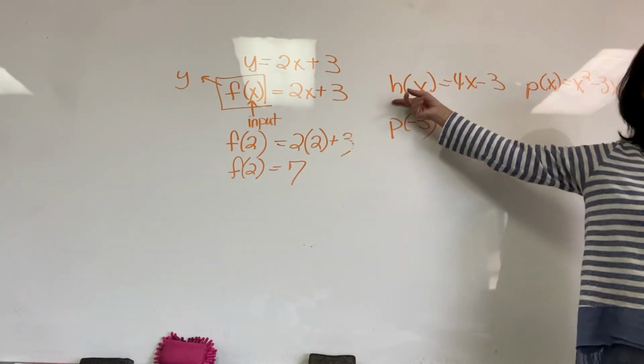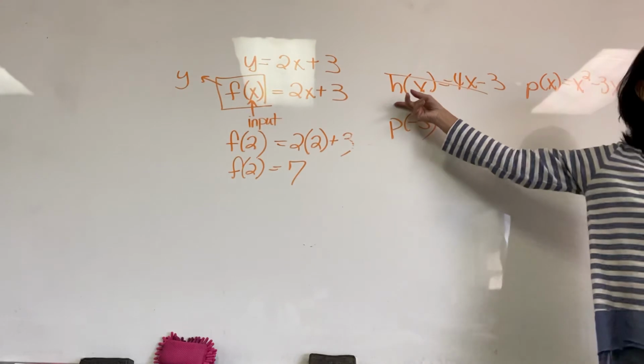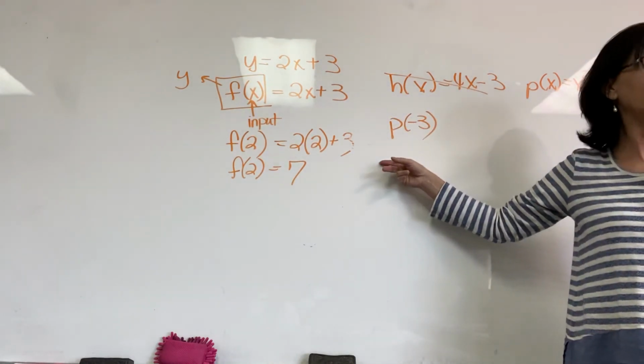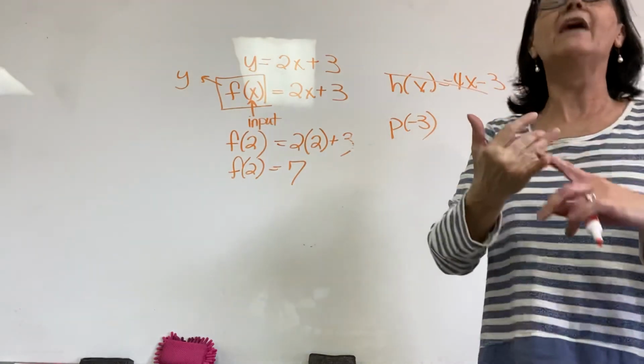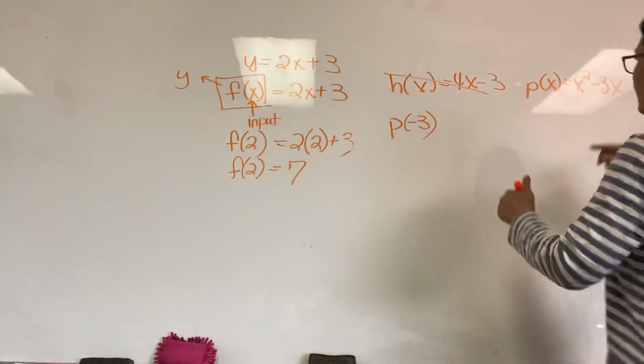Well, I'm completely ignoring the h of x equation because it's not asking me to plug it into that function. It's asking me to plug it into the function labeled p. Most of your functions are going to be f of x, g of x. Most of them, all right?